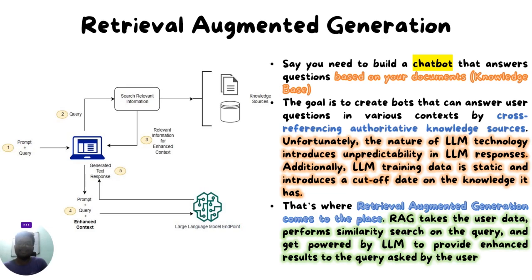Why? Because, as I said, unfortunately the nature of LLM technology introduces unpredictability in LLM responses. Moreover, the LLM training data is static and introduces a cutoff date on the knowledge it has. We can't update it dynamically while it is in training.